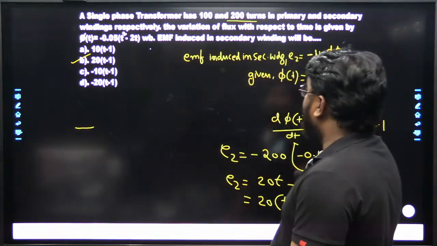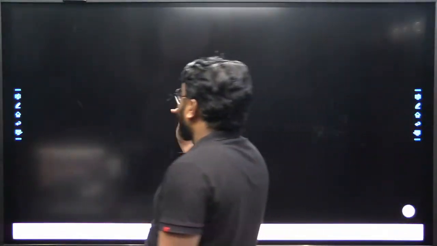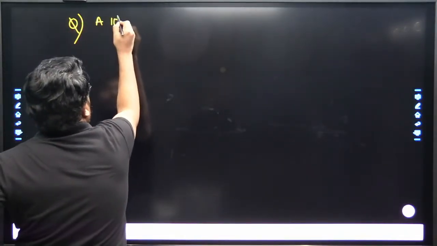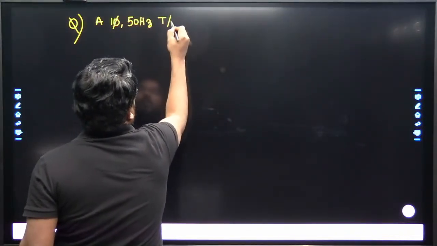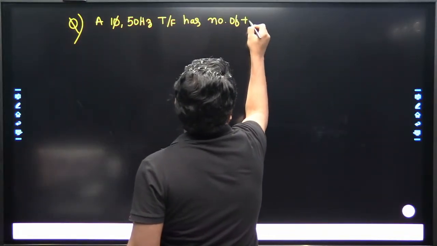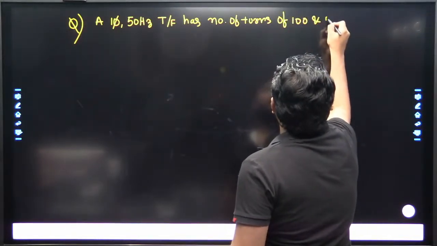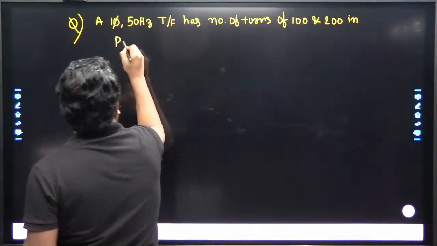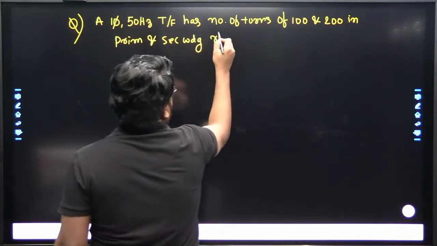Okay, very good. Suppose we have one more possible question: a single phase 50 hertz transformer has number of turns of 100 and 200 in the primary winding and secondary winding respectively.